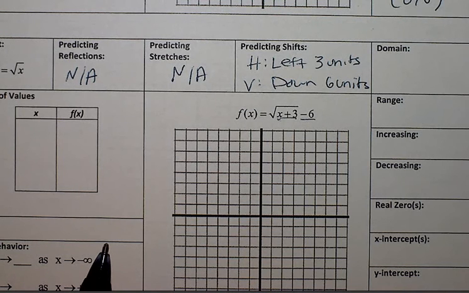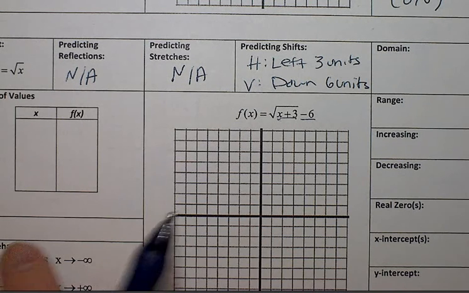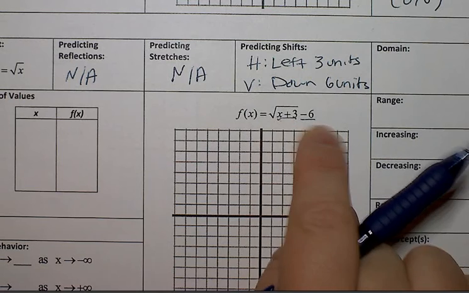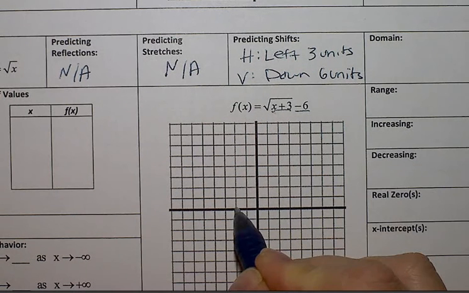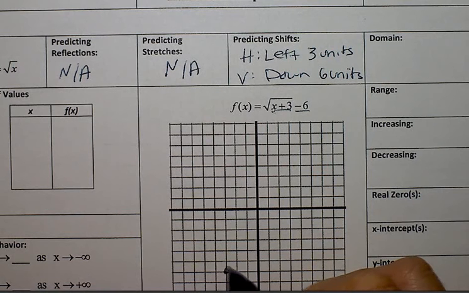I'm going to go over two ways to do this. Here's the very first way. Please go left 3 and down 6 and make a dot. Pretend like this is your new origin.